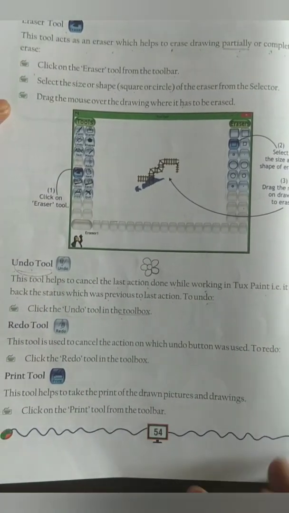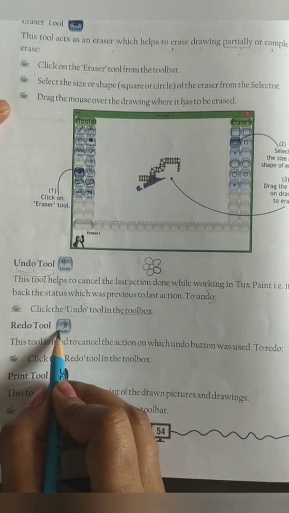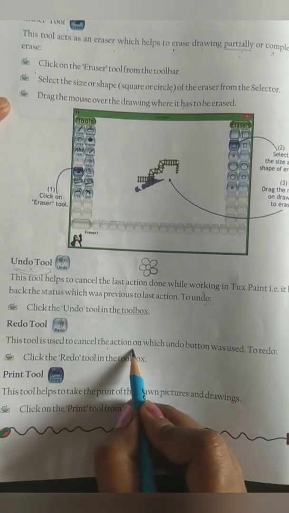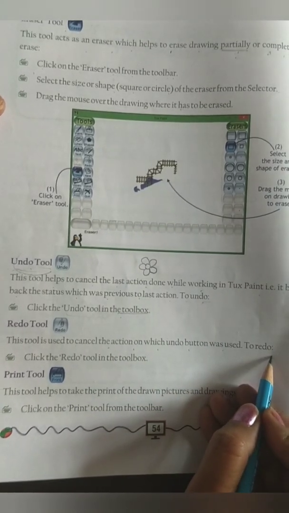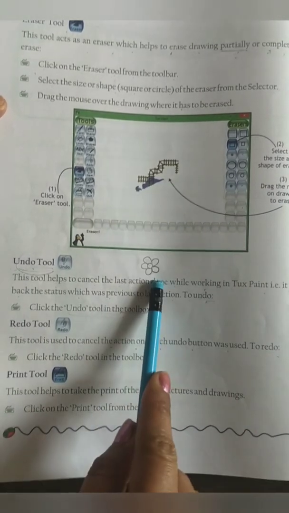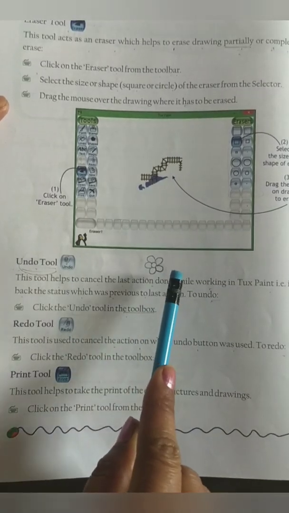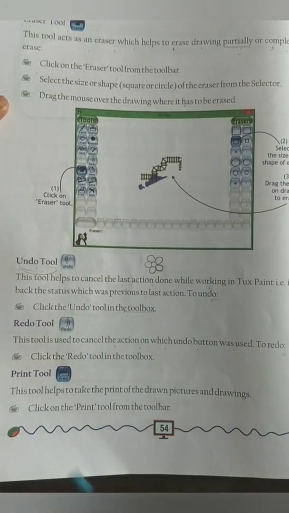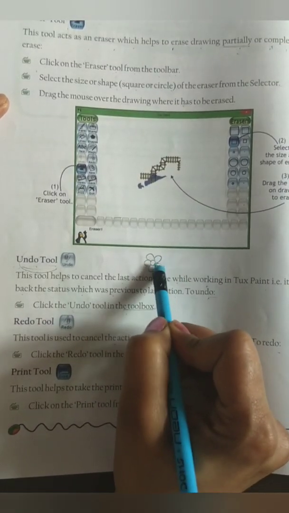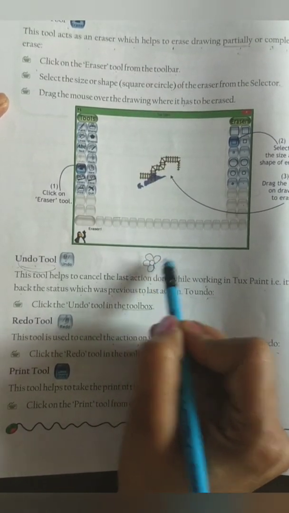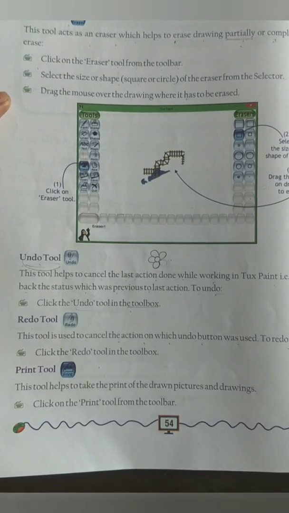Okay. Next one is redo. This tool is used to cancel the action on which the undo button was used. Now again you thought that I don't want this petal, I have to make it more beautiful. Simply click on the redo tool. Then what will happen? It will cancel the action that was done with the help of the undo tool.